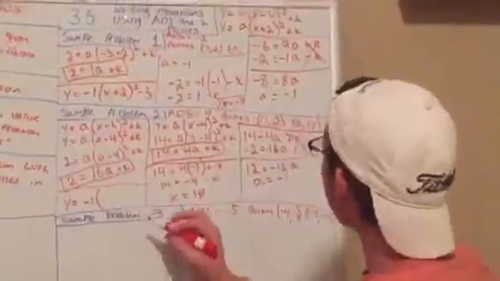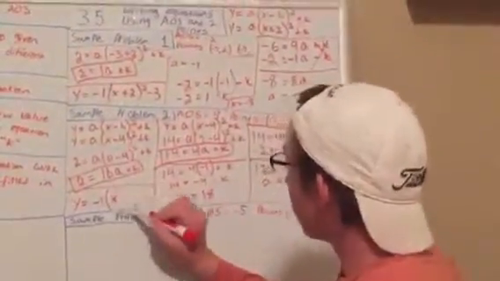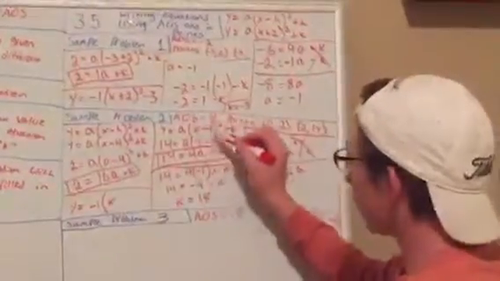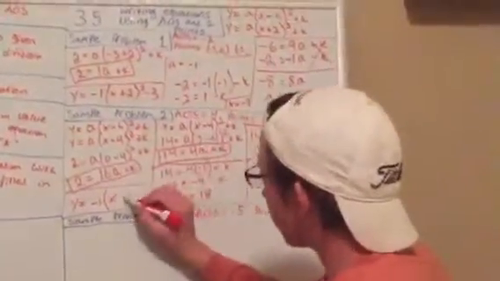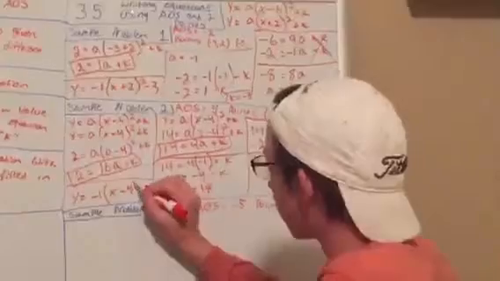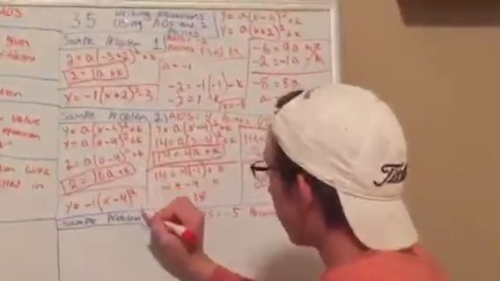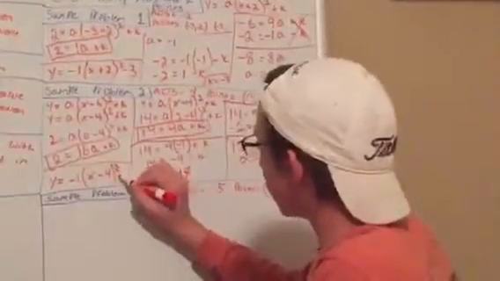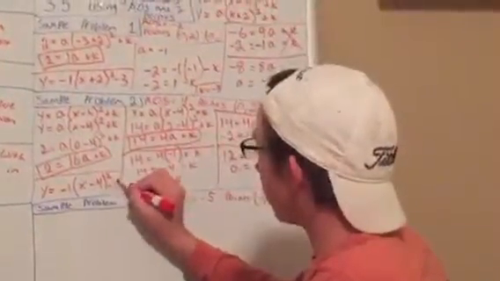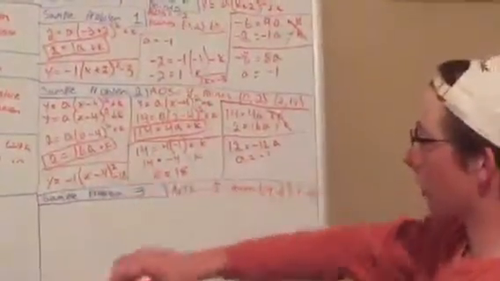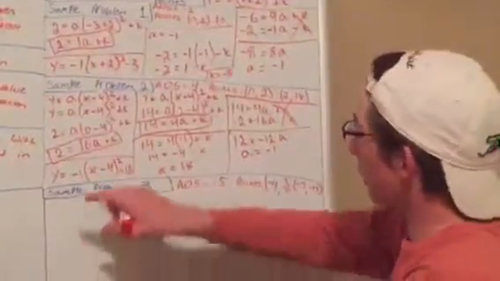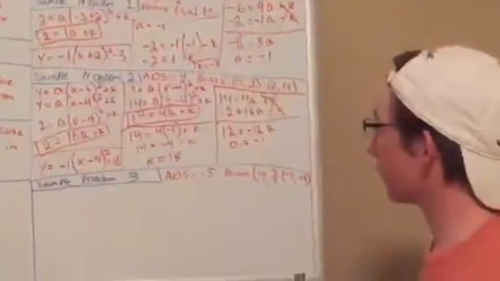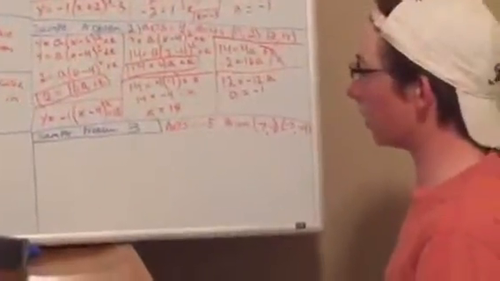Then you open parentheses, x, and then you put in your h, which is negative 4, because your axis of symmetry is 4, so you have to flip it. So negative 4, close that, square that, and then you put in your k, which is 18, so plus 18. And that's going to be your final answer, because then you plugged in all your a's, h's, and k's. So let's move on to our final question.